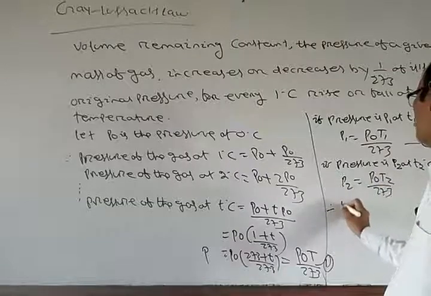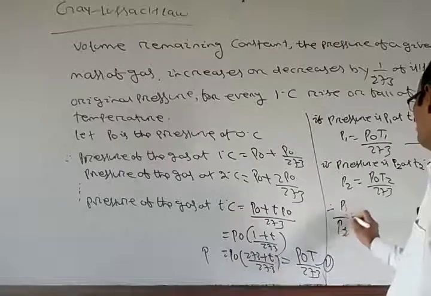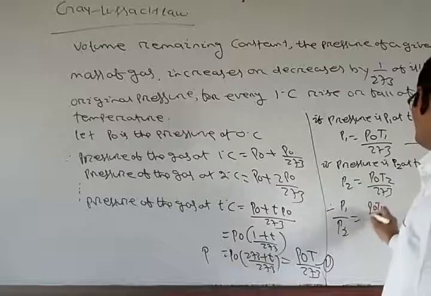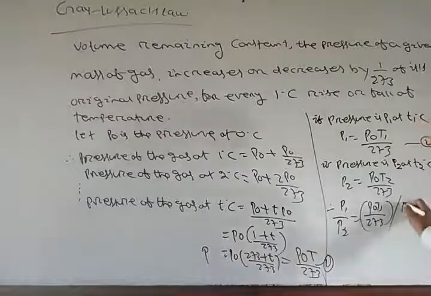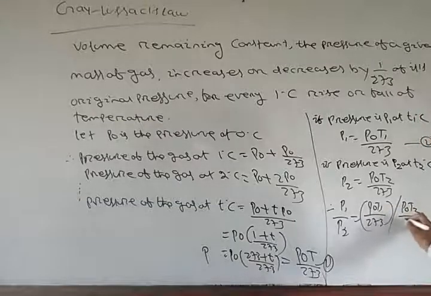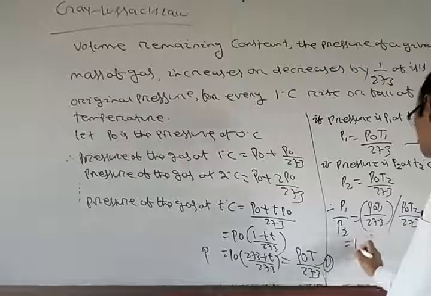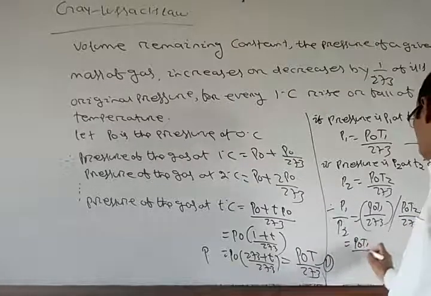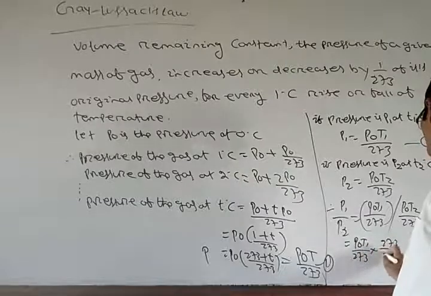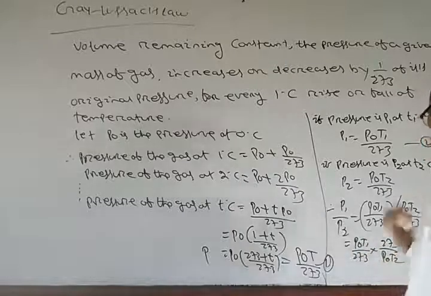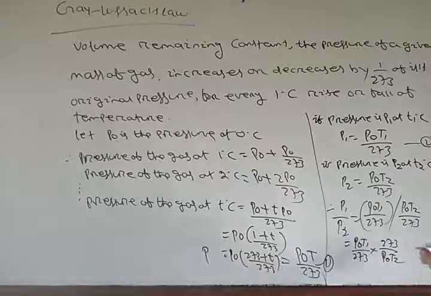Therefore, P1 by P2 equal to P0 T1 by 273 divided by P0 T2 by 273, is equal to P0 T1 by 273 into 273 by P0 T2. Okay, so you get T1 by T2.